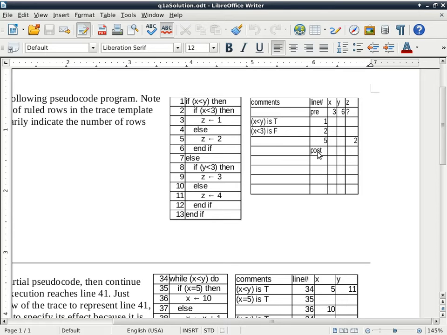The question we have to ask to determine which side to go is x is less than y. If it is true, we go to the left-hand side. If it is false, we go to the right-hand side. Are we doing okay so far? So this is representing the construct, which is basically our line 1, line 7, and line 13.